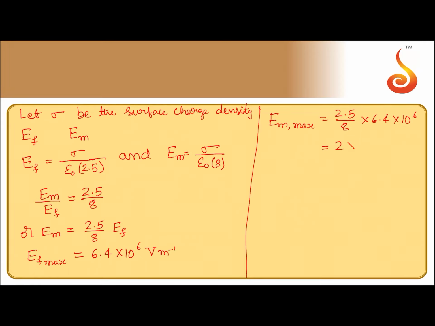That turns out to be 2 into 10 to the power 6 volt per meter. So the maximum electric field inside mica for the fiber to not break down is 2 into 10 power 6 volt per meter.